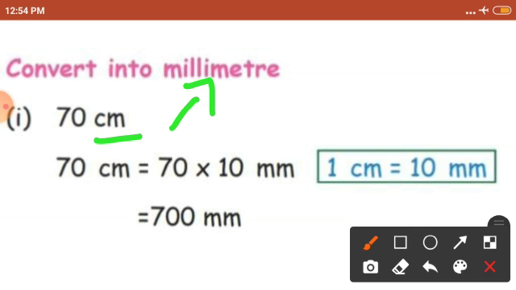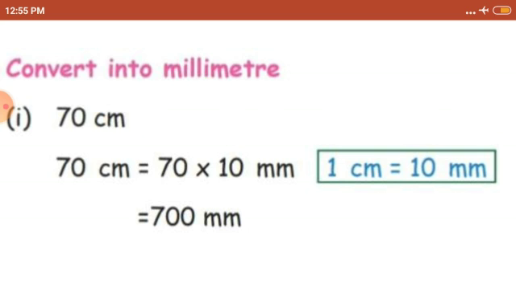Centimeter is the bigger unit and millimeter is the smaller unit. So, bigger unit to smaller unit you have to multiply. For that, first you have to find out 1 centimeter equals how many millimeters. 1 centimeter equals 10 millimeters. So, you have to multiply this 70 with 10. 70 into 10 millimeter, you will get 700 millimeter. That is the answer.